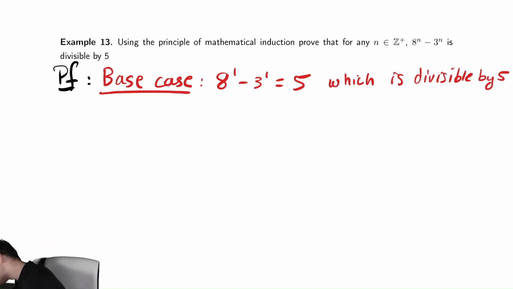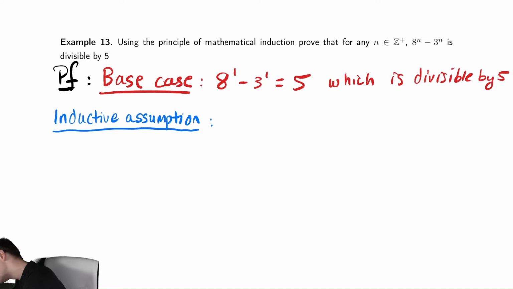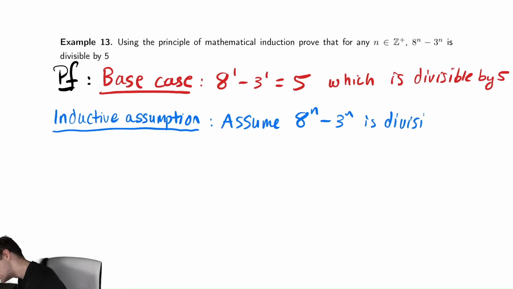So we're going to write down our inductive assumption. Just like before, we're going to assume that it holds for P of n. Assume 8 to the n minus 3 to the n is divisible by 5.